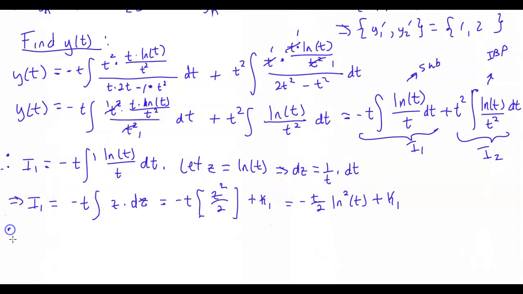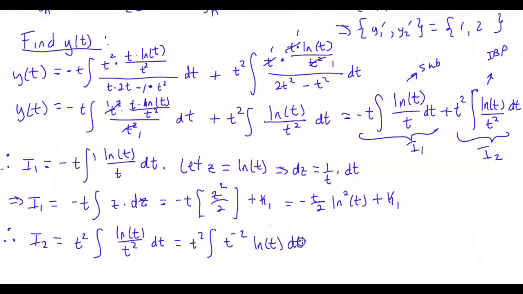Now let's work on our second integral, or second expression that has the integral in it, rather. So we're dealing with this integral here, and I'm going to rewrite it this way, so that we could use what we know about integration by parts a little bit more efficiently.